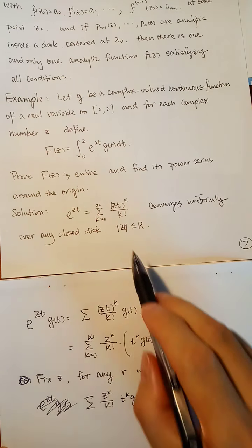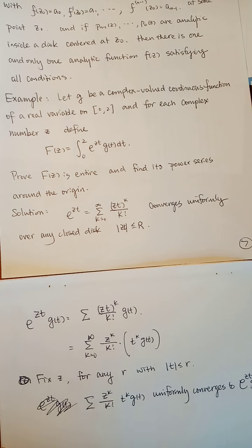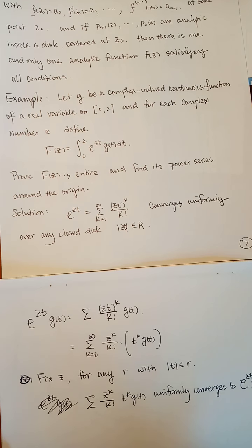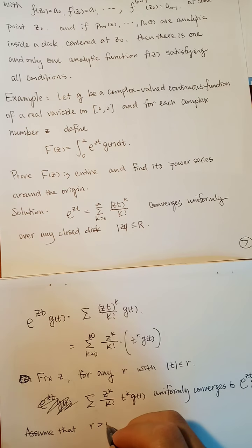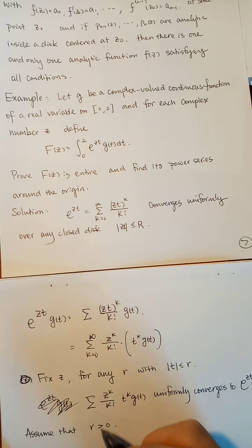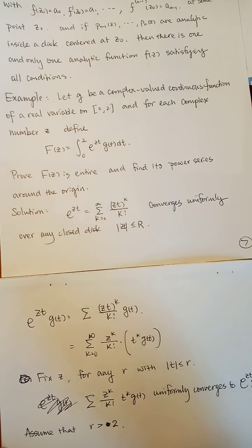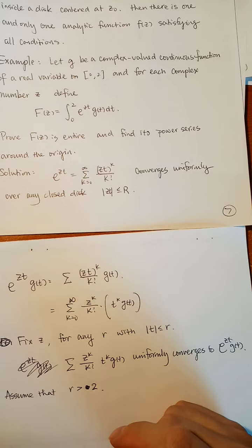Okay, so we fix z, we only consider R. Of course, z is not 0. Especially we make this R bigger. R is greater than 2, so the interval [0, 2] is contained in this domain.